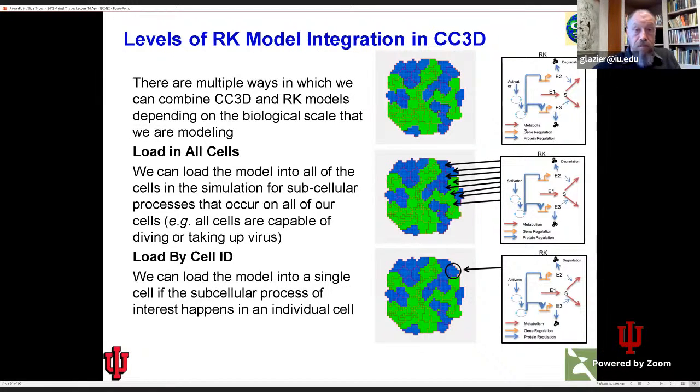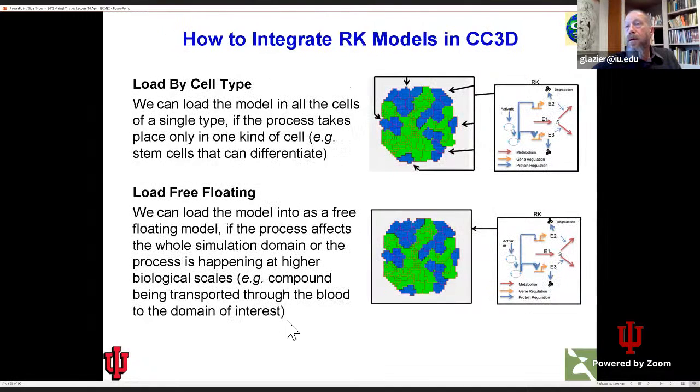You're also allowed to have multiple network models inside a single cell. All of those are possible. I mentioned loading by cell type. Loading a free-floating model is the model that runs in the background, which is the one we've done.